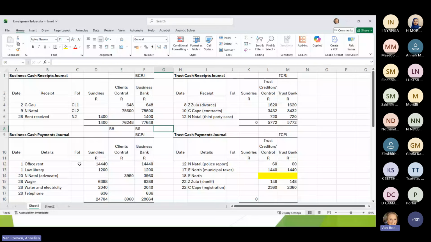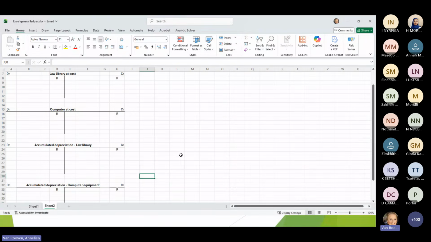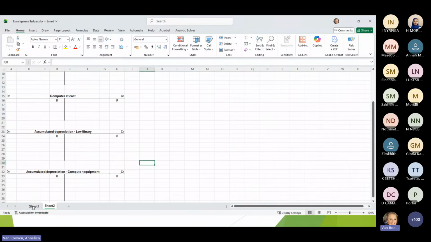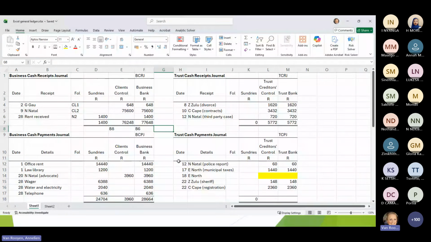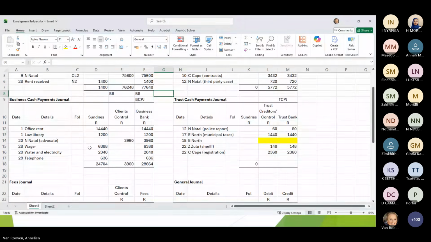Okay. So for the cash payments journal, we have the same. Remember, office rent I said was an N for nominal. In this case, it was number 7 in the solution. Your law library is an asset, so B2, for instance. In Natal, up there we had client number 2. Can you see it goes to the same account, CL2, CL2.